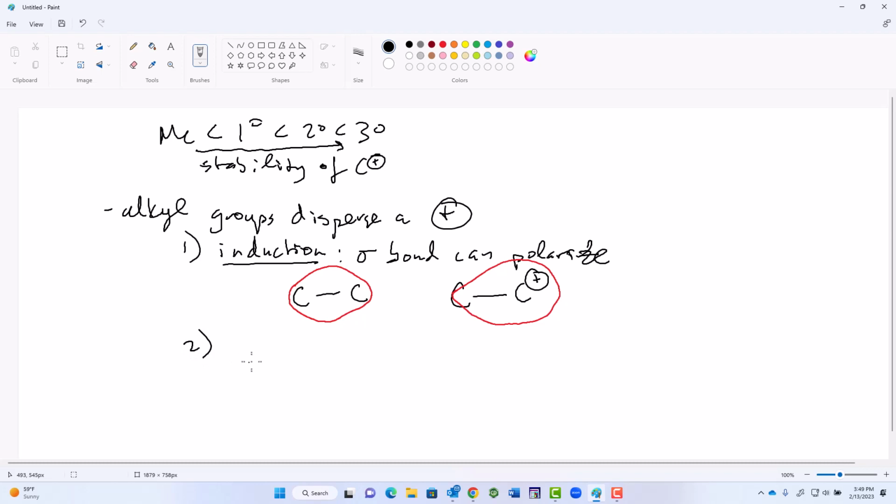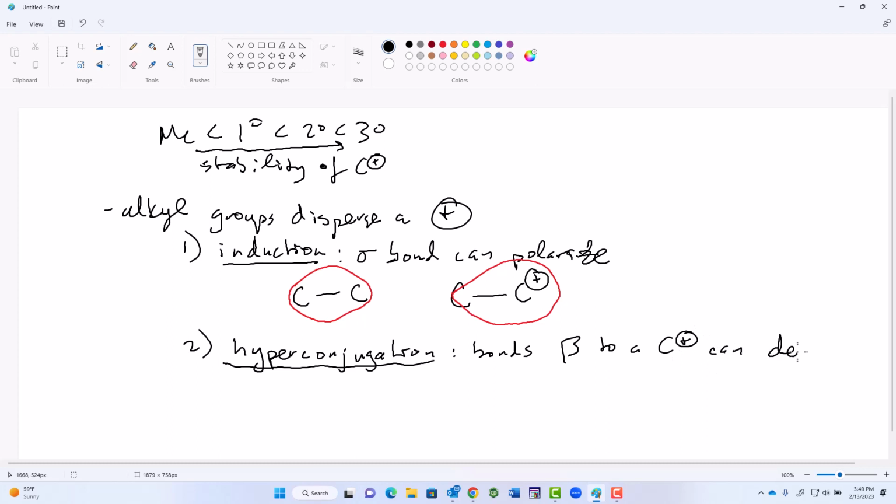The second effect is called hyperconjugation. So hyperconjugation says that bonds beta to a carbocation can delocalize their electrons.